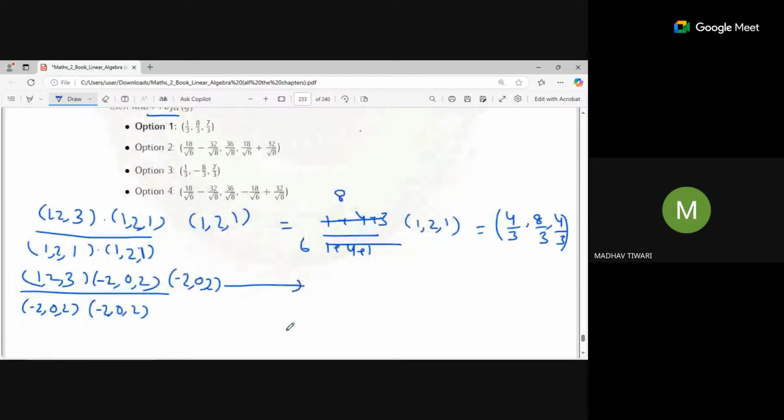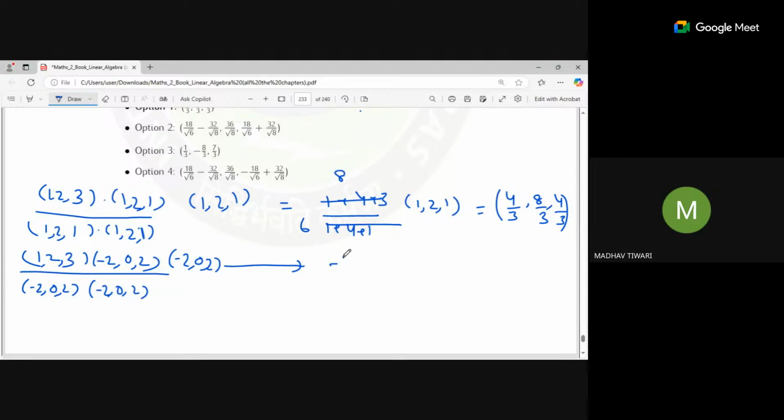So what will be my answer here? I will get minus 2 and 0 plus 6 divided by 4 plus 4, that is 8, times minus 2, 0, 2.